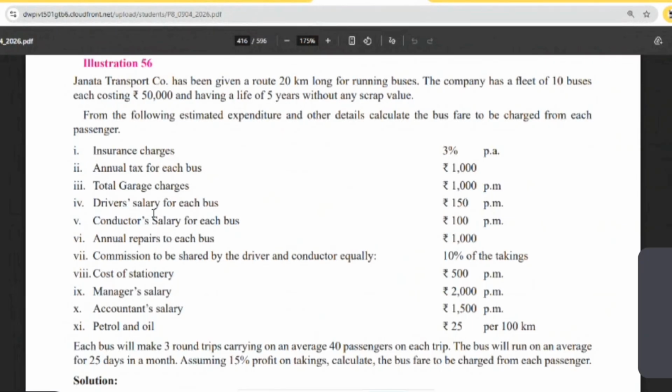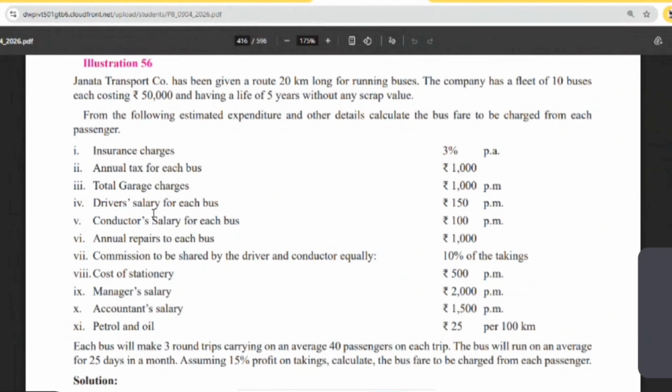So we'll see that. And cost of stationery, manager salary, accountant salary, petrol and oil. Each bus will have 3 round trips, carrying on an average 40 passengers on each trip. The bus will run on an average of 25 days in a month. In the sum they have given 25 days in a month, so you will be considering 25 days only, not 30 days.